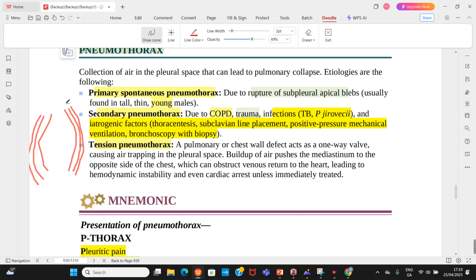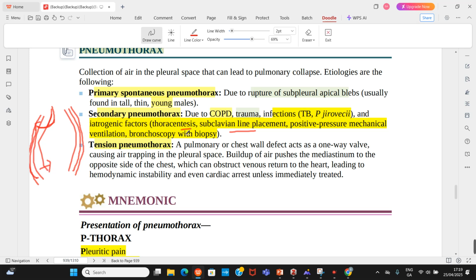So let's imagine that this person undergoes a procedure like thoracocentesis or subclavian vein placement, and mistakenly they puncture the lung this way. So that can allow air to move from the lung parenchyma into the pleural space, leading to pneumothorax. And when this pneumothorax expands, it can compress this lung, leading to lung collapse.